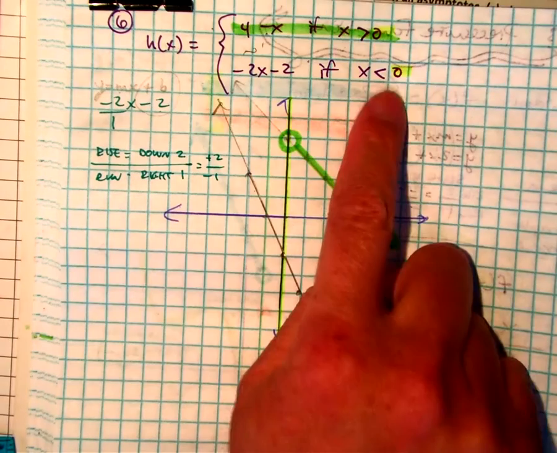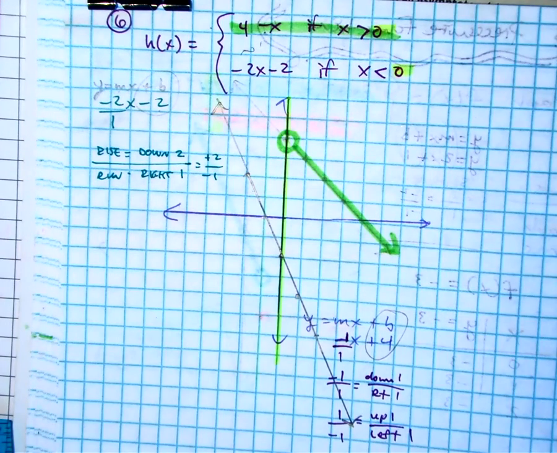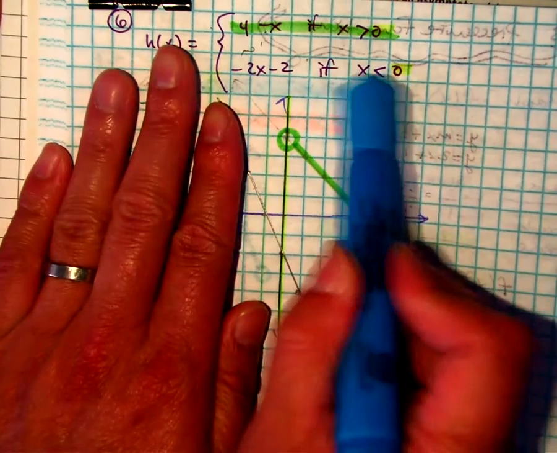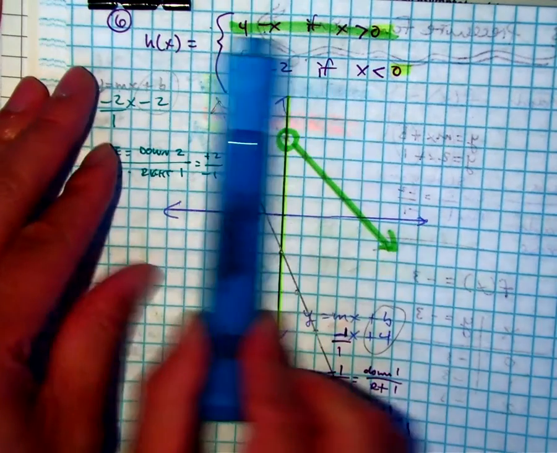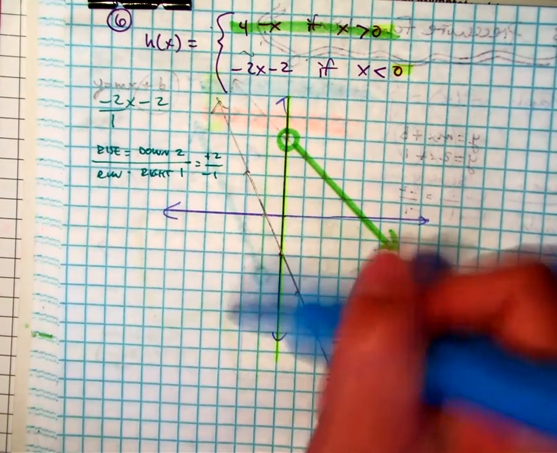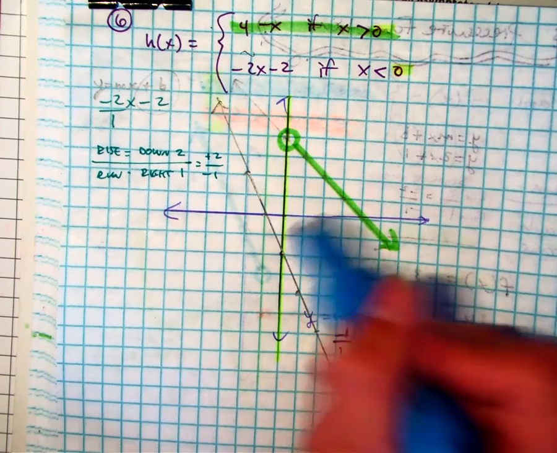I need values where x is less than 0. Point to the side that we're going to keep. The left side we're going to keep because these are the values where x is less than 0. This part I'm going to erase. Open or closed circle? Open circle.